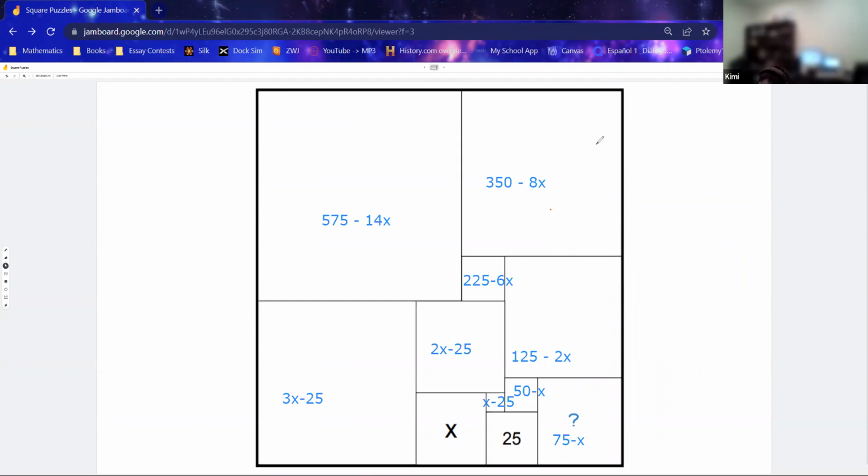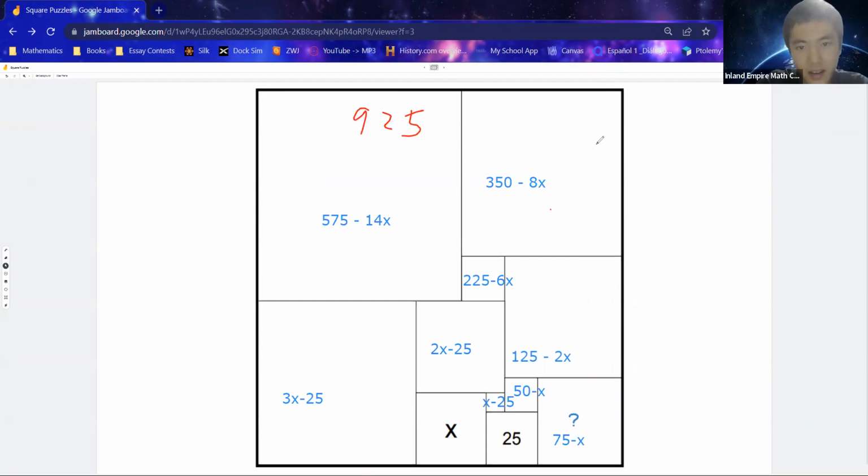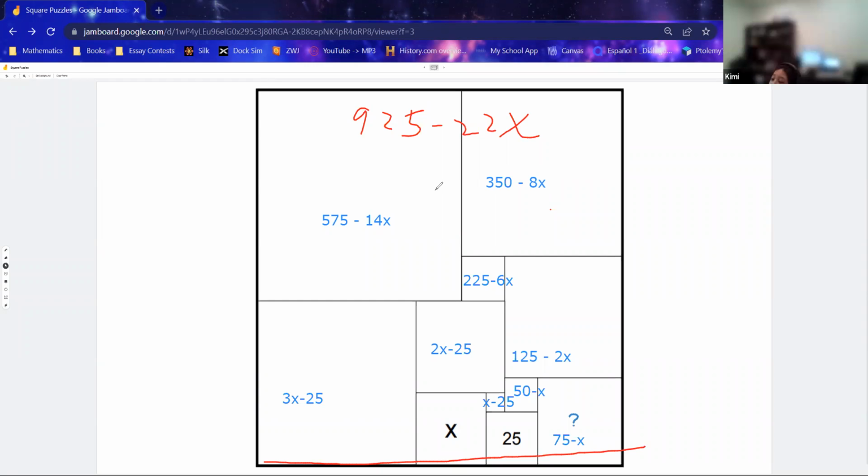925 minus 22x. Precisely, everyone. So basically, we're trying to figure out the side length of this side right here. And since we have the side lengths, we simply add them up, do some quick mental math, and you get this large number. All right, can you tell me the length of this bottom side? 925 minus 22x.